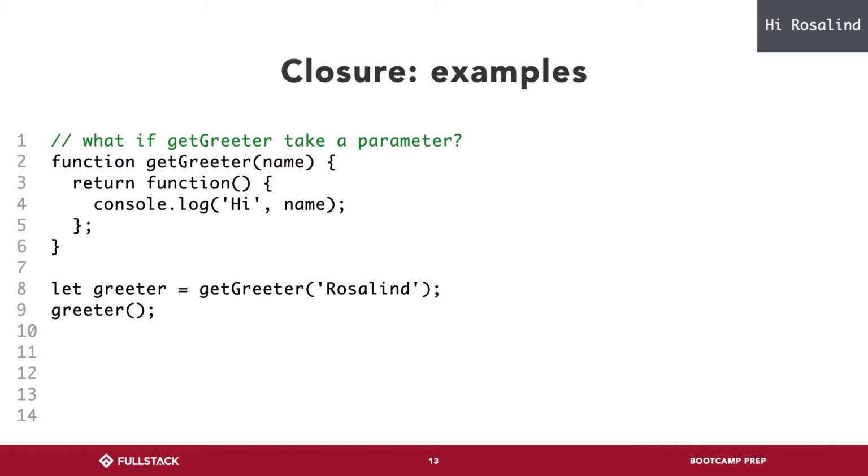So when we access it here, after getGreeter is finished running, we still get hi Rosalind, because that is also part of closure. Any questions?